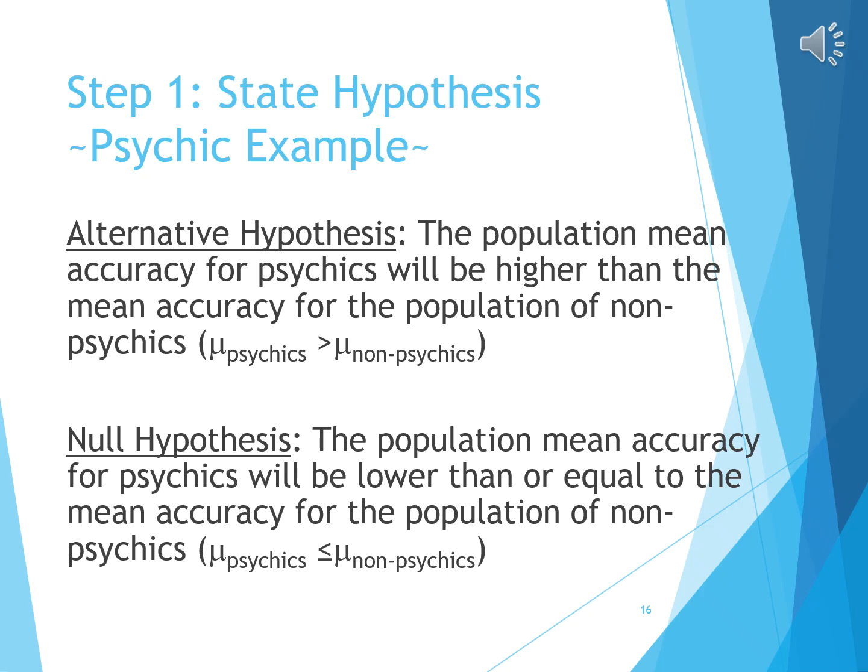So an alternative hypothesis we could use, this would be an example of a one-tailed hypothesis, would be the population mean accuracy for psychics will be higher than the mean accuracy for the population of non-psychics. And you can see the mathematical notation for that would be mu subscript psychics is going to be greater than mu for the non-psychics.